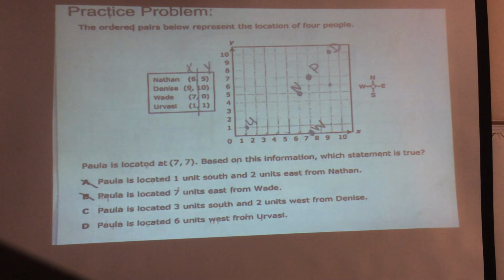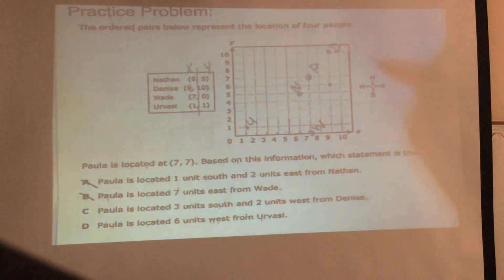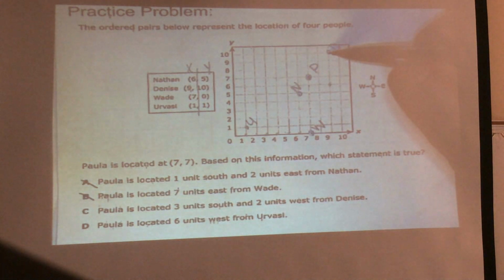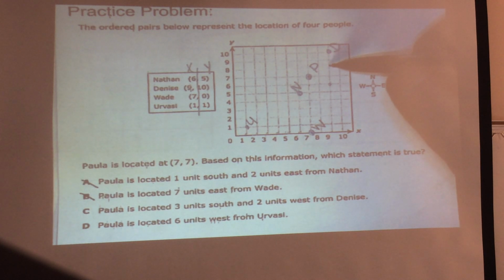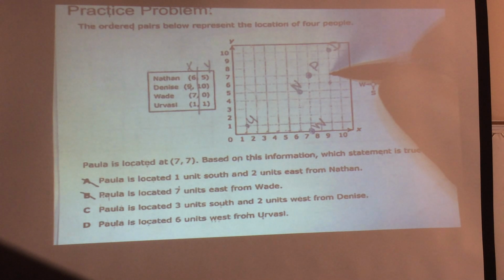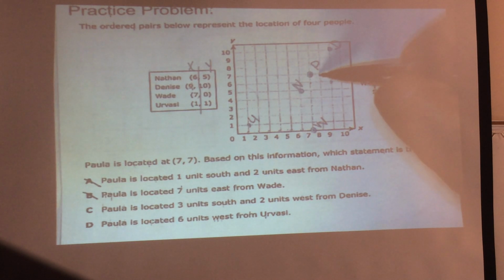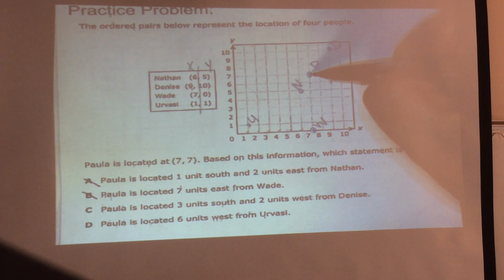C, Paula is located 3 units south and 2 units east from Dennis. Okay. So I'm going to go down 1, 2, 3. 1, 2 for west.